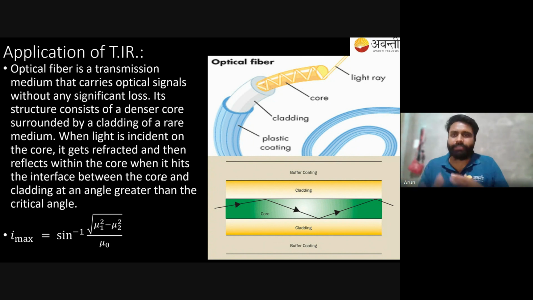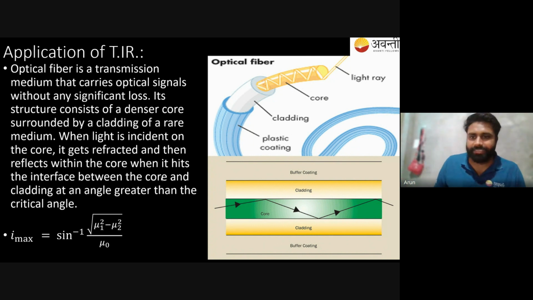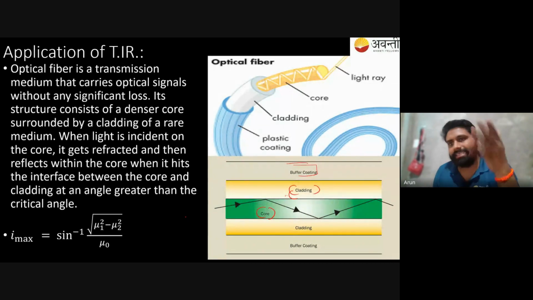So what is the concept behind the optical fiber? We have two layers in the optical fiber. It consists of core and clad. This is the cladding and this is the core, and this outer side is the buffer coating, a plastic covering just for the protection of the optical fiber.